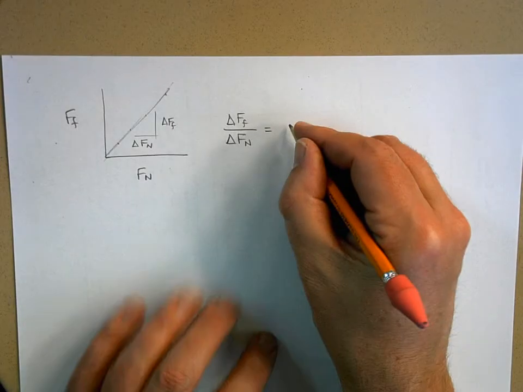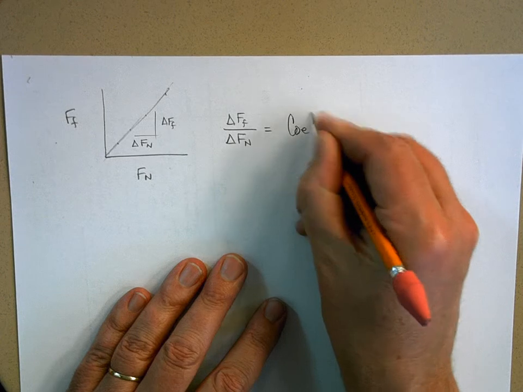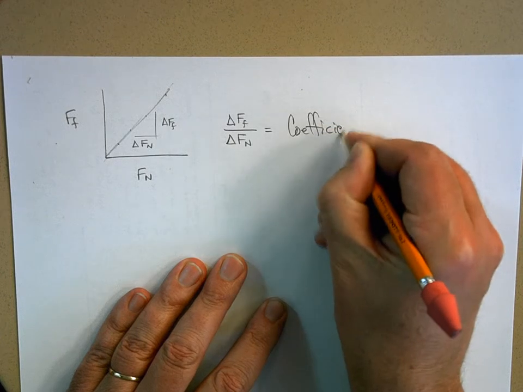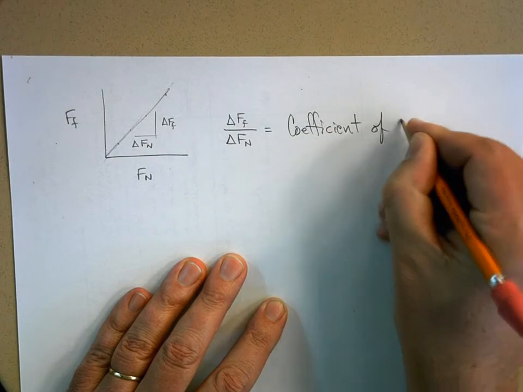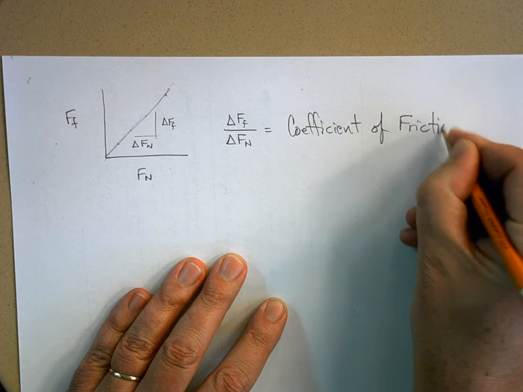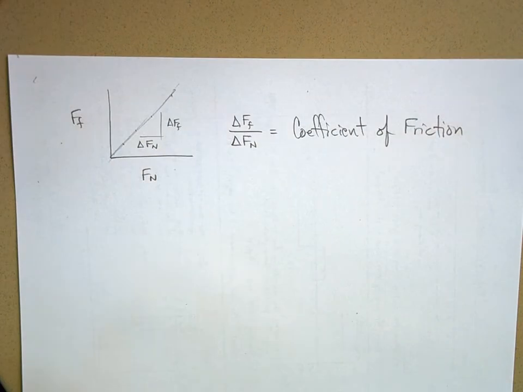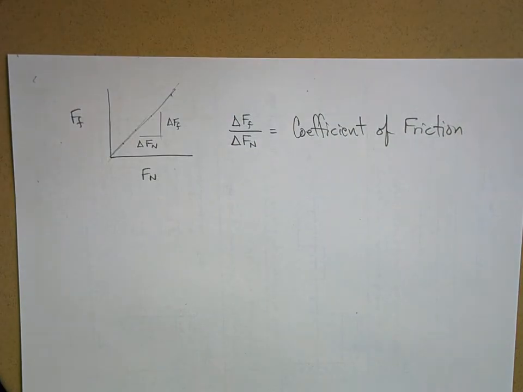This ratio is called the coefficient of friction. It's a measure of how slippery something is. The lower the coefficient of friction, the slipperier it is, the less friction you have. Whereas if you have a high coefficient of friction, you get a lot more friction.